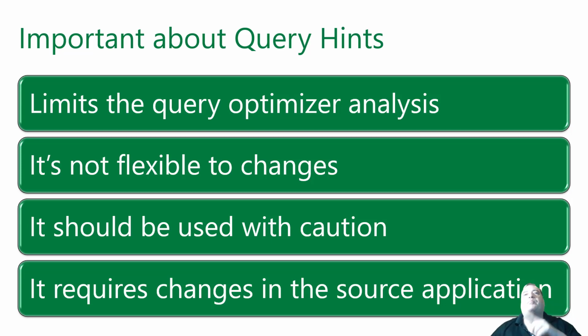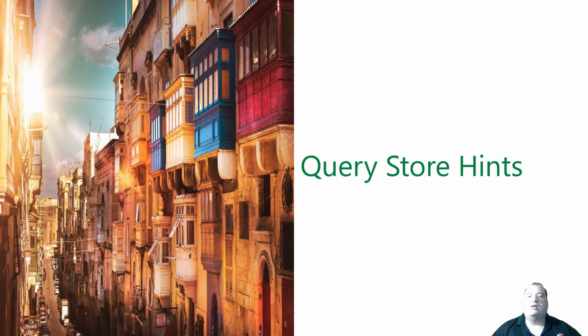If you could apply a query hint on the server level, so that when that query arrives on the server the hint is applied, you could easily monitor for changes in your environment and decide to disable that hint or change that hint, for example. That's what query store hints provide.